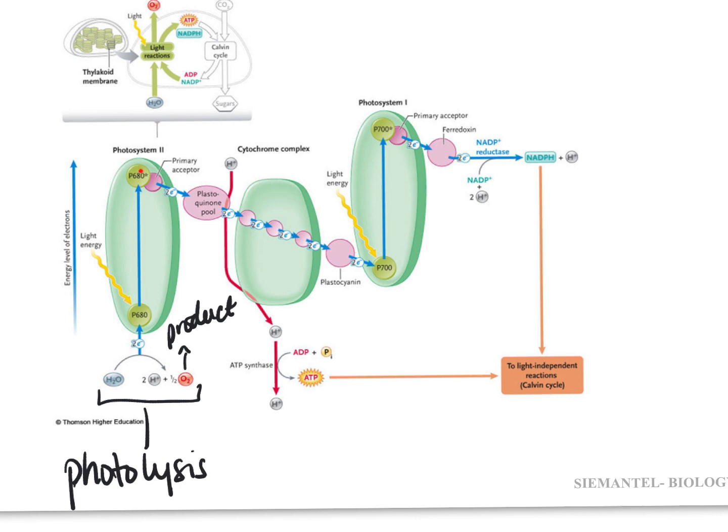Now, from here, the electrons get passed through a bunch of different proteins. Each of these little pink circles, if you will, represents a protein complex. And as they move, a bunch of hydrogens are going to start moving through and filling up the space of the thylakoid membrane.